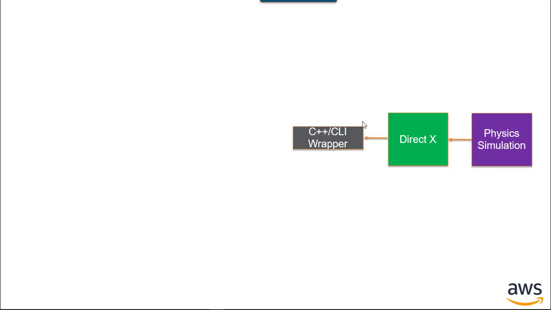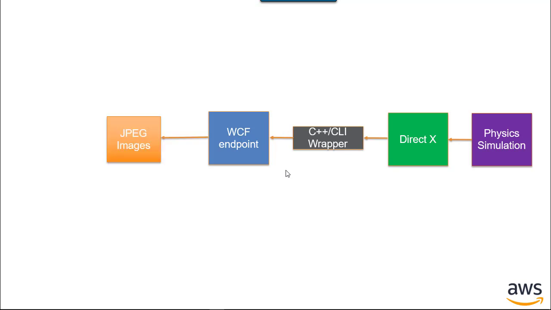There's a C++ CLI wrapper, and the WCF, Windows Communication Foundation, endpoint communicates with the C++ CLI wrapper and gets JPEG images that it renders to the website, right?